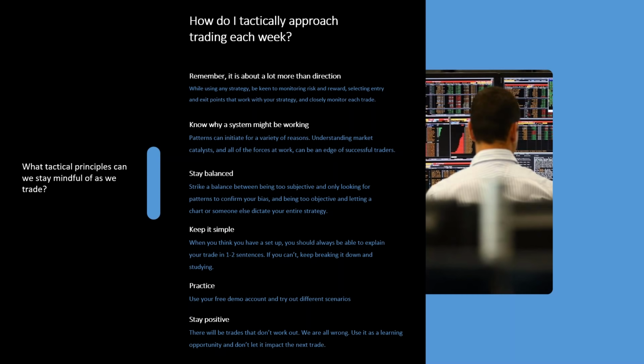But if that's a variable, we're all physical beings that are better at certain things at different times of day. That may be part of why a certain system is working, or at least identifying that in your current system, you can double down on it and say, I'm going to really tighten this up and trade more. In this case, the person said, I need to really focus my trades in the morning, and then I'll use the afternoon for research time and preparing for the next day. That can help you understand why your system might be working.